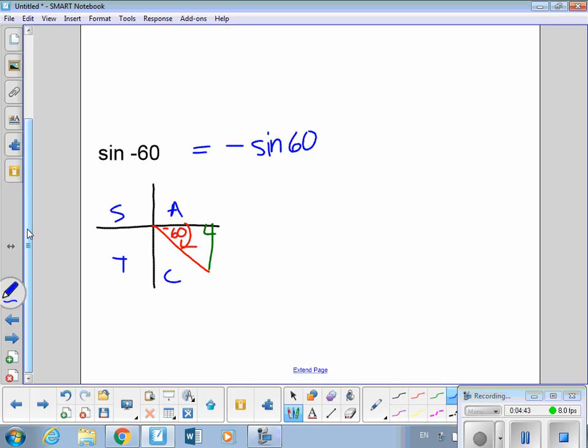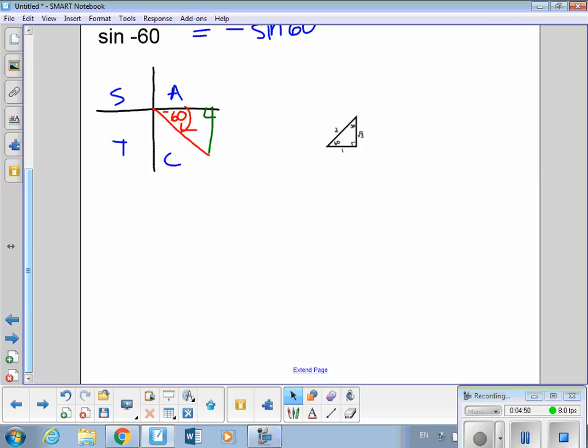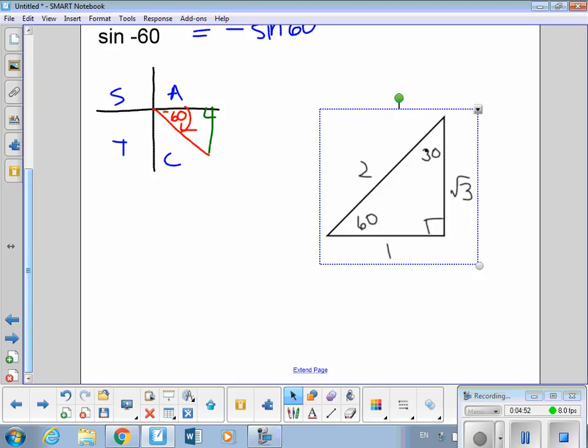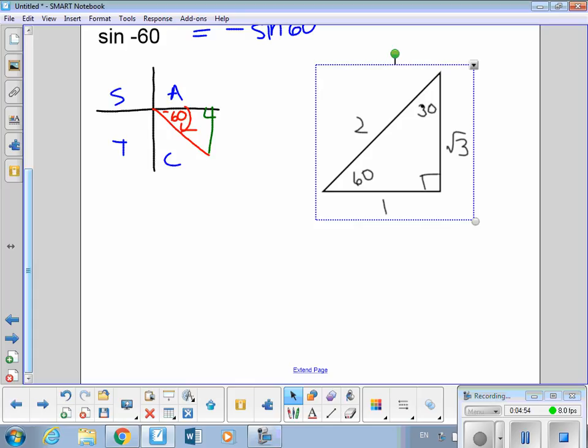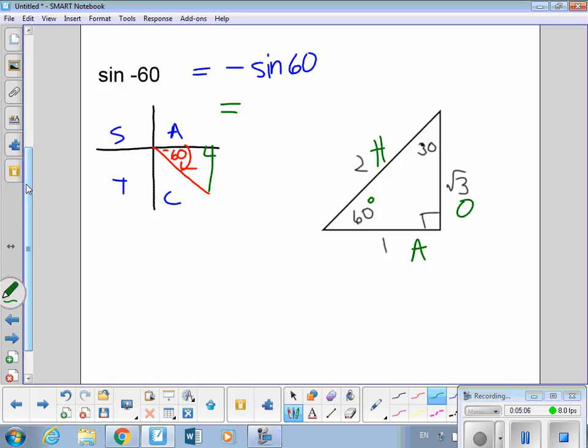Then we bring down our triangle again, and remember it's the same triangle we used with the 30, except we label it differently, so that if we're talking about the 60-degree angle, this is opposite, adjacent, and hypotenuse. So this is going to equal negative square root 3 over 2.